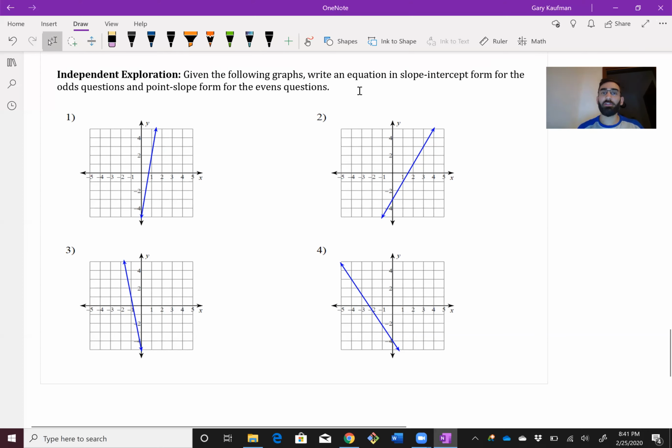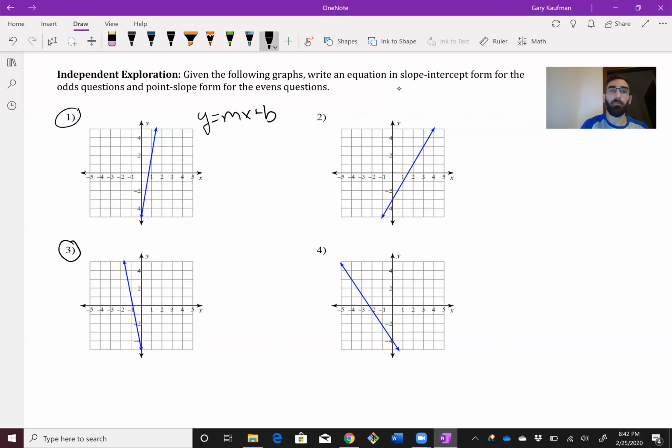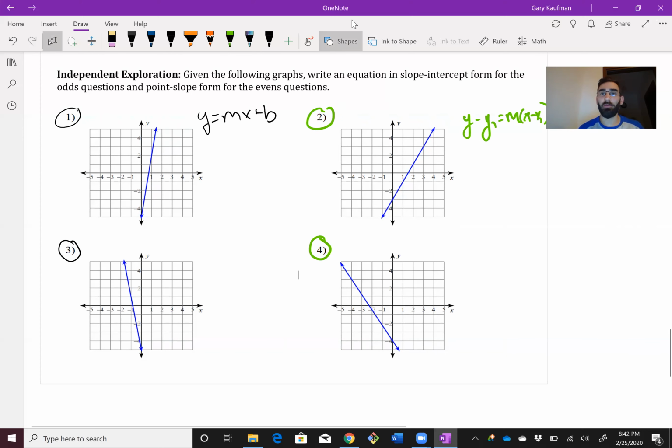Your goal is to write an equation in slope-intercept form for the odd ones. So I should see an equation in this form for both 1 and 3. And then you are going to write an equation in point-slope form for both 2 and 4. So best of luck. Let's see what you come up with.